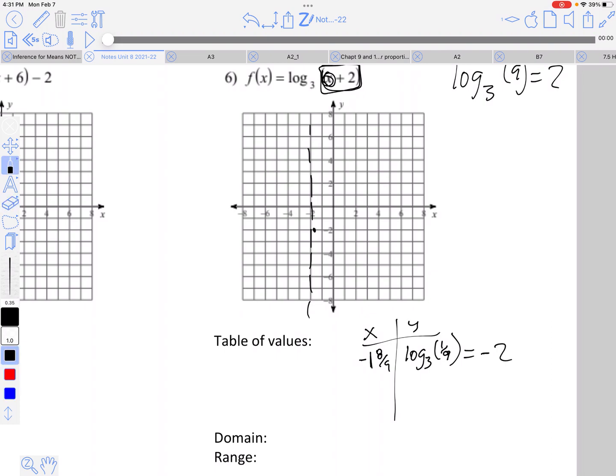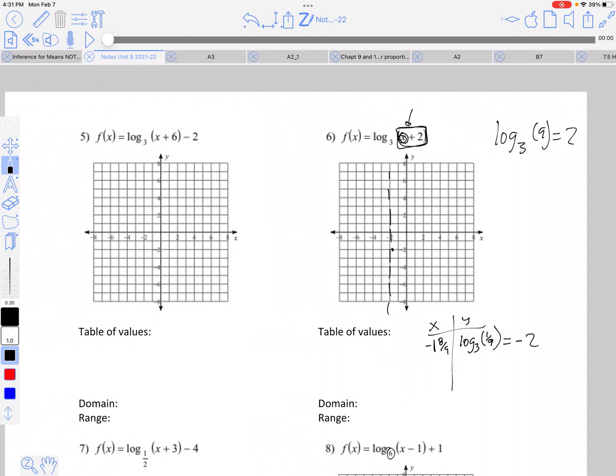Okay, great. Now next goal, I'm going to try to get a 1/3 in there. If I subtract 1 and 2/3, I'll have 1/3 left over. So I'm going to say log 3 of 1/3 because I plugged that in right here. -1 and 2/3 plus 2 leaves me with a positive 1/3.